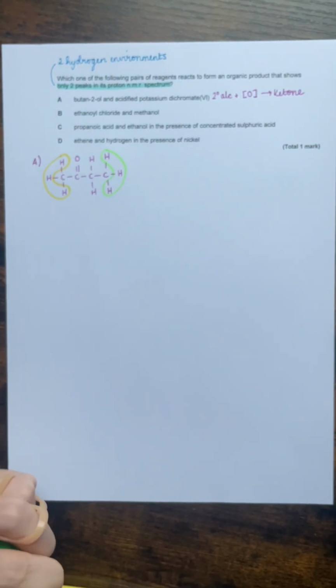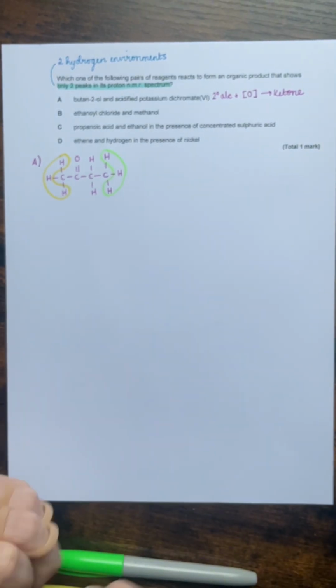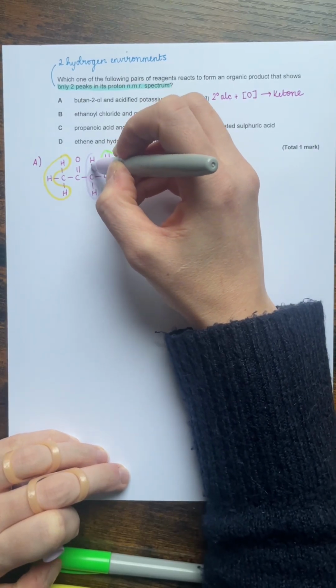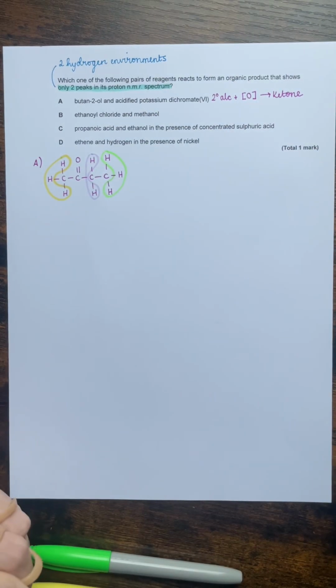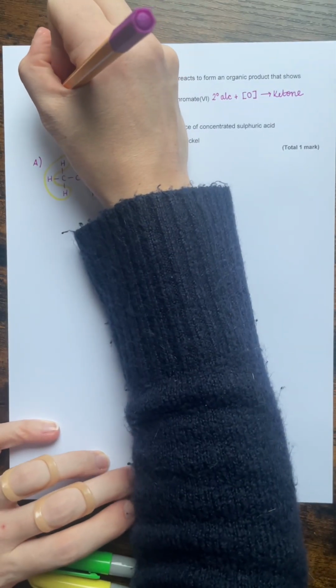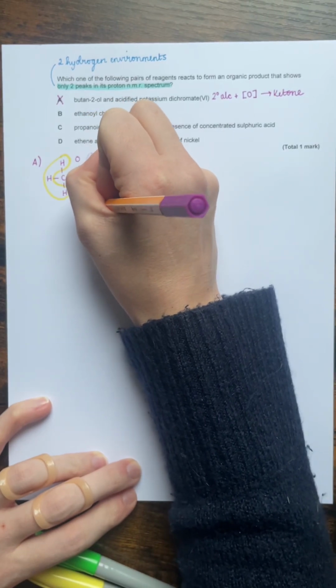So they are different environments. There'd be different carbon environments and different hydrogen environments as well. And then we'd have these hydrogens here that would be in their own environment. So the answer is not going to be A, because we have 3 environments, not 2.